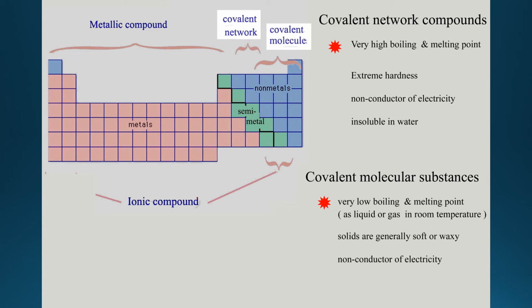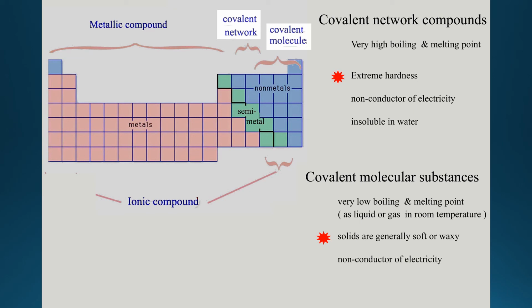Now we have learned about the covalent network and the covalent molecule. You will notice the covalent network has a very high boiling and melting point because of the 3D network where each one bonds together. This is different from the covalent molecule, which has covalent bonds and also the intermolecular force, which is weak, giving it a liquid or gas state at room temperature.